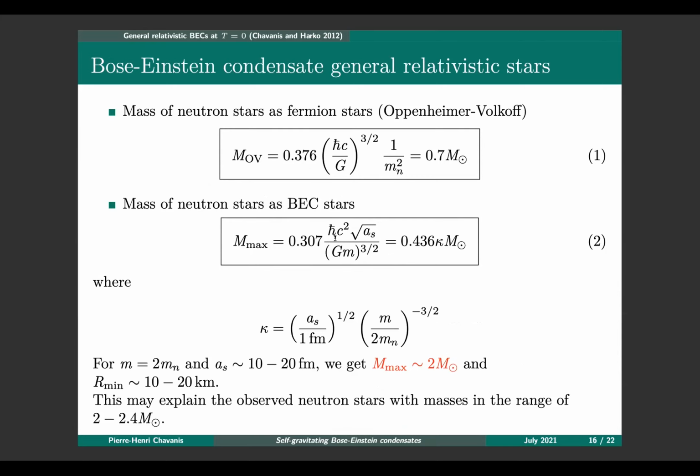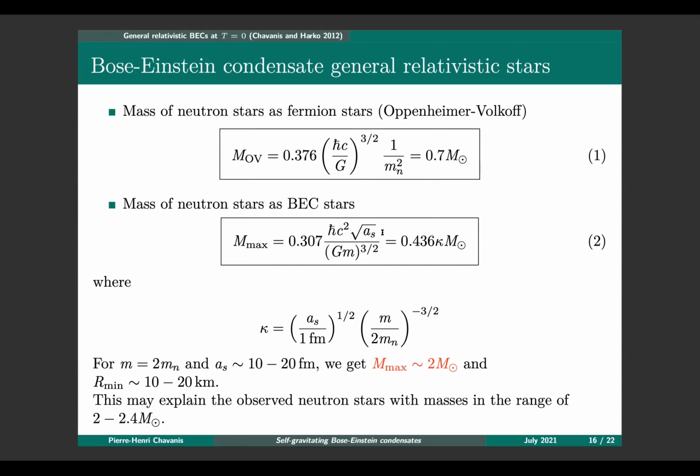And this is potentially interesting for the following reason. If we model neutron stars as an ideal fermion star, like in the model of Oppenheimer and Volkoff, the maximum mass of neutron stars would be fixed to this value, 0.7 solar masses, which is smaller or of the order of 1 solar mass. But if the neutron star is a BEC star, its maximum mass is given by a different expression, which depends on the scattering length.